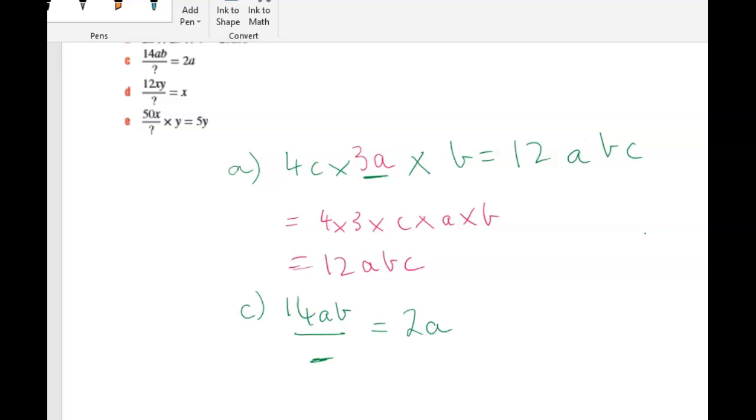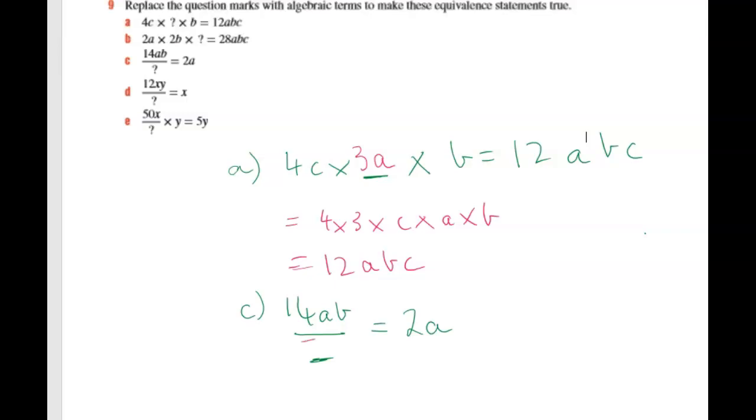So what do we need to divide that 14 by to get to 2? I need to divide that by 7. The A is both on the left-hand side and the right-hand side, so I don't need to divide that by anything, but the B's gone. So I'm going to have to divide by B, so that cancels out to give us our answer.